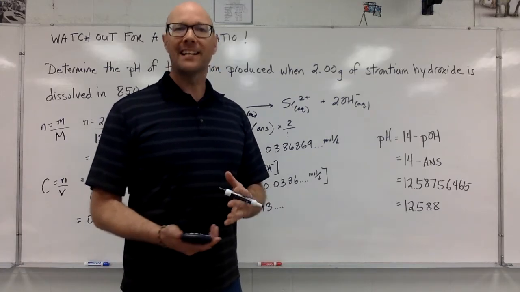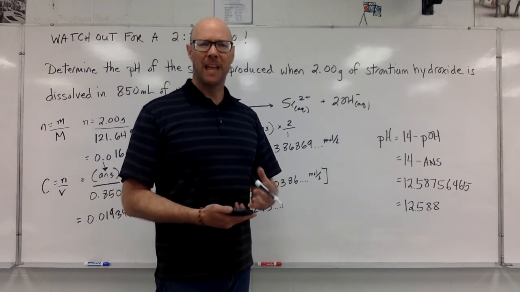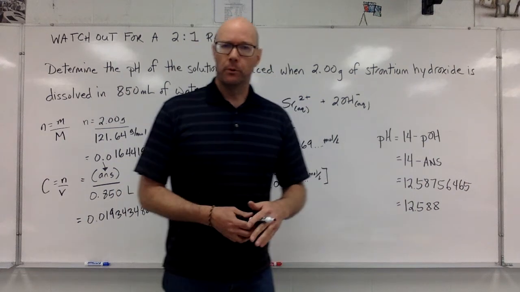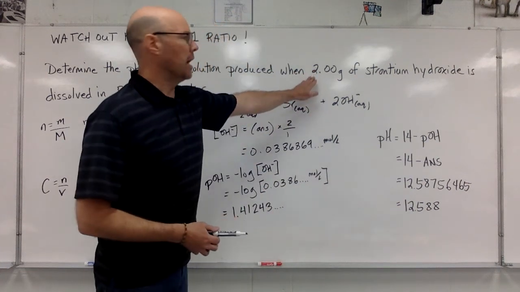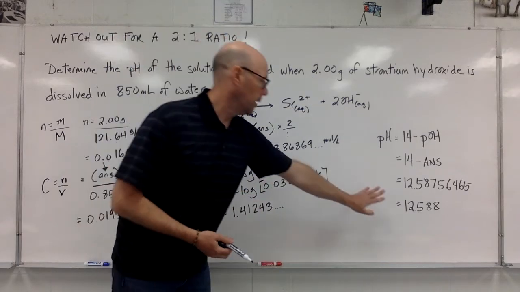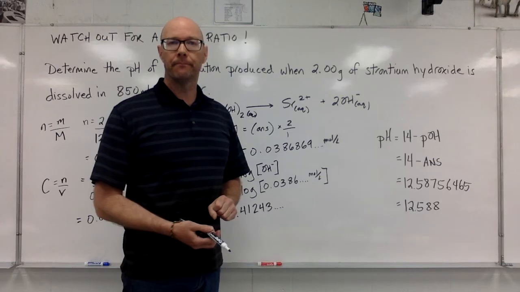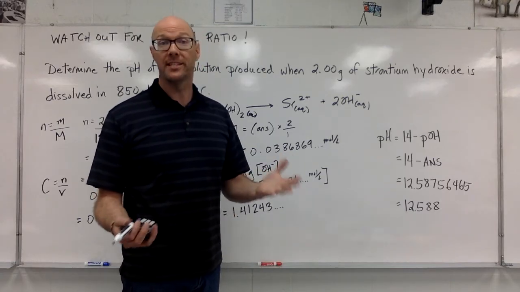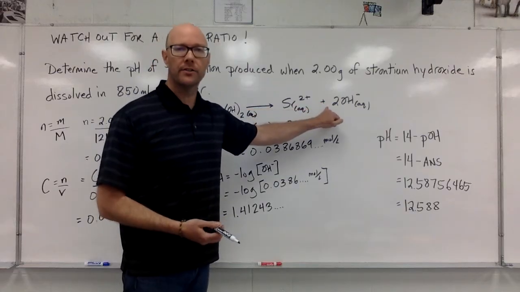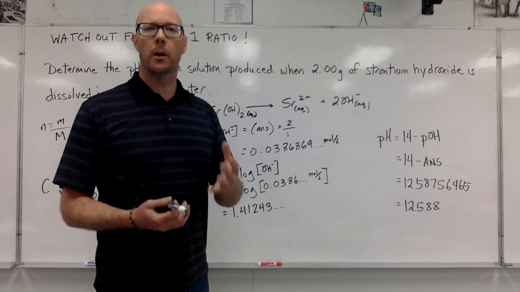It's worth reflecting at the end just to think, does this even make sense? Is it reasonable to think that a certain amount of strontium hydroxide could have a pH up around 12.5? The answer, of course, is yes. Strontium hydroxide, because it has hydroxide ions in it, is a strong base.